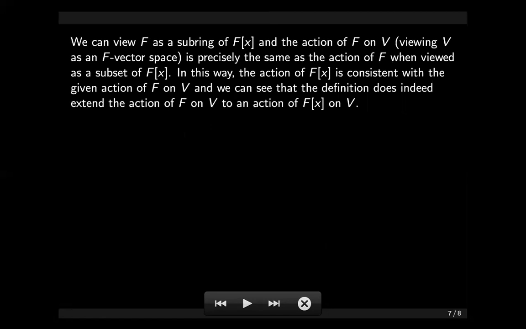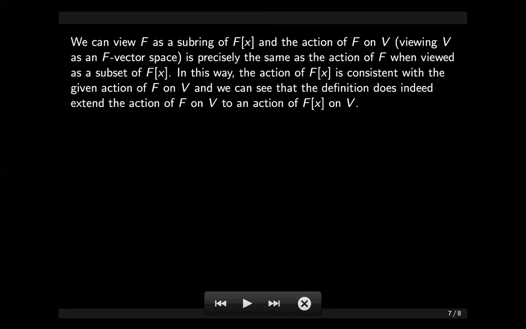Now we can view F as a subring of F[x], and the action of F on V, viewing V as an F vector space, is precisely the same as the action of F when viewed as a subset of F[x].